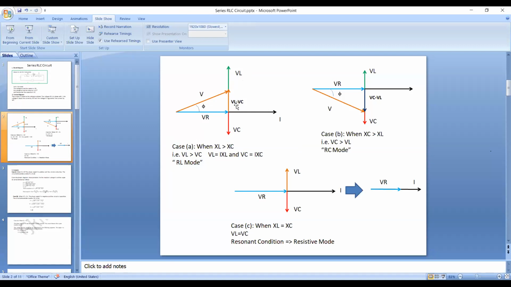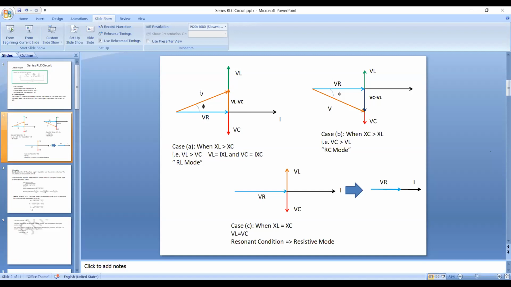It is the subtraction of VC from VL, so you write VL ahead of VC because VL is greater. Since inductive voltage is greater than capacitive voltage, the difference VL minus VC is projected in the direction of VL. The orange line gives the vector difference of VL and VC.